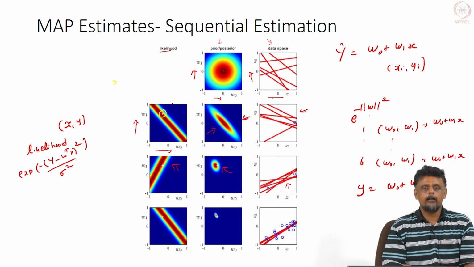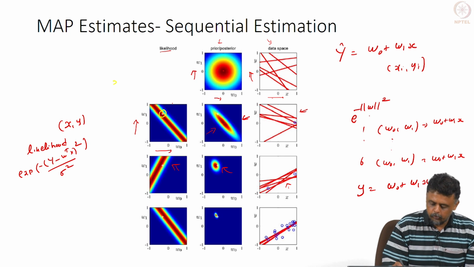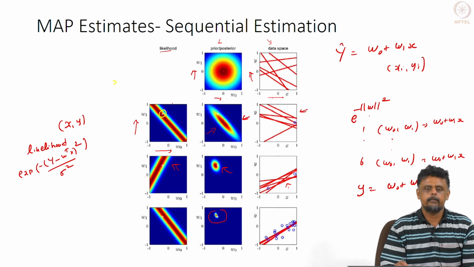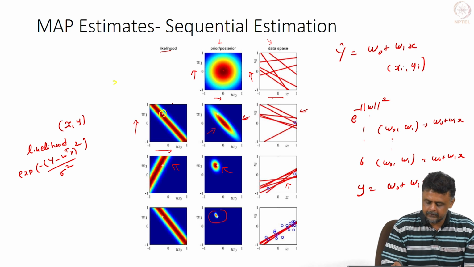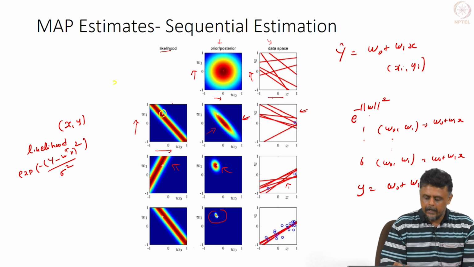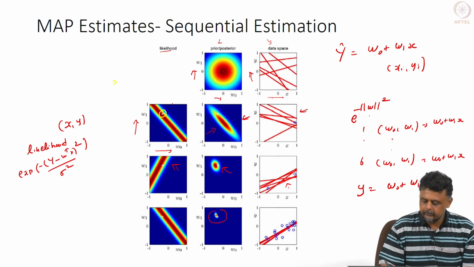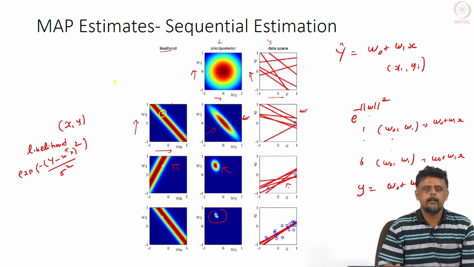After the 20th data point, you will see that the posterior distribution has become very sharply peaked. Everywhere it is 0, but it has a very high value at some point, and if you sample 6 pairs once again from this distribution, you will get these red lines here, which are actually fitting all these data points, if you think about it.